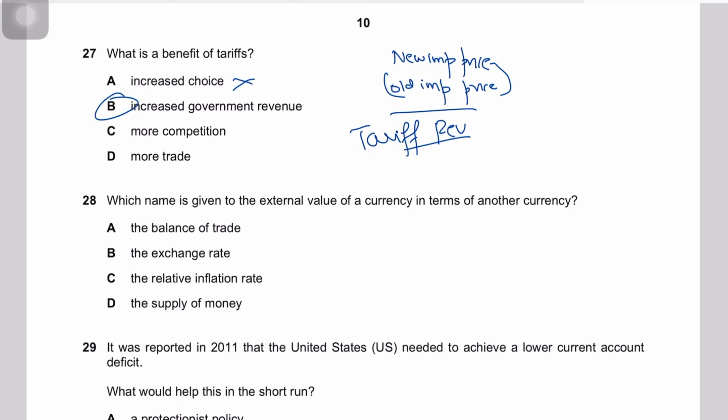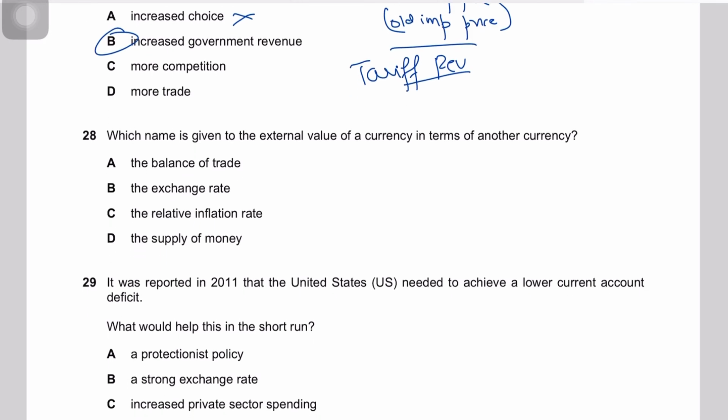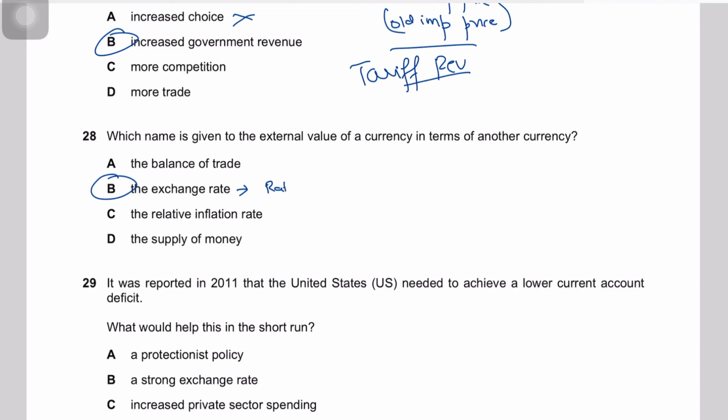Question number 28. Which name is given to the external value of a currency in terms of another currency? Obviously it's the exchange rate, because the exchange rate is the rate at which one currency is exchanged for the other currency.